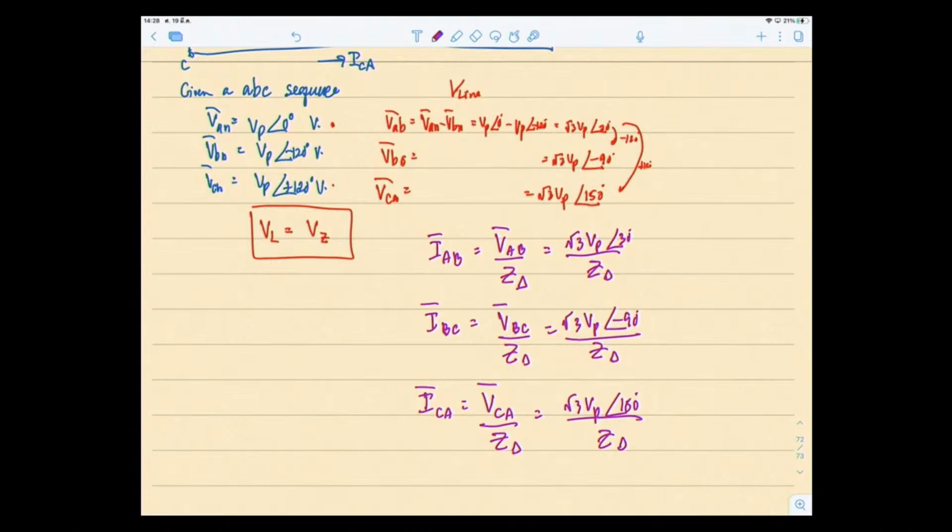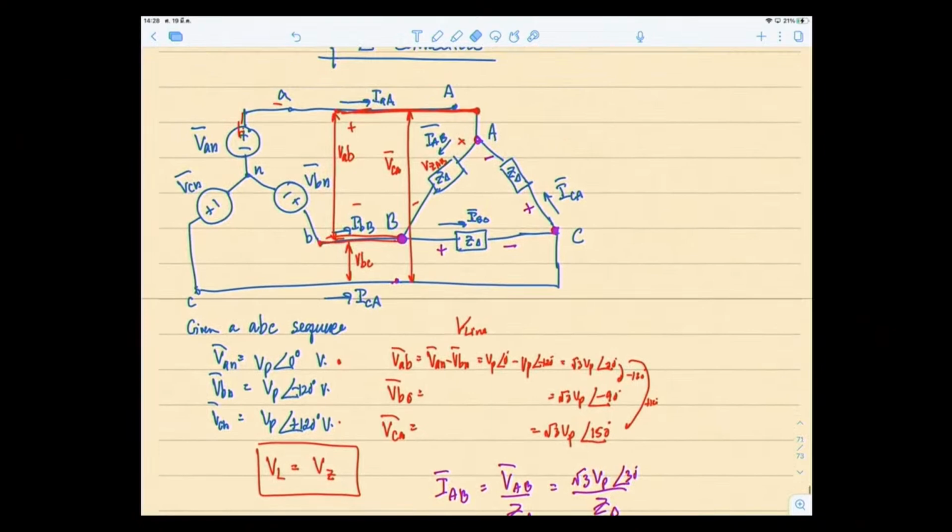Okay. Now, the last parameter we need is I line. So there's IAA. If you look at IAA, I line, from the picture here, the line comes to this node right here.